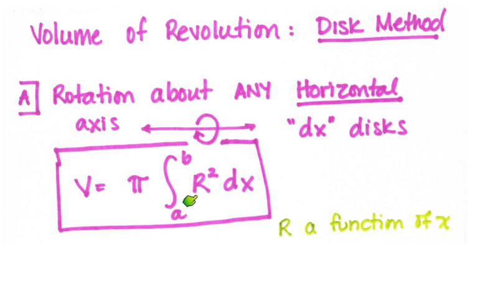Now, this radius, since we've been doing it about the x-axis, is just the function. But if my horizontal axis was something like y equals 2, I would have to subtract the top function minus the bottom function to find the radius of the circles.